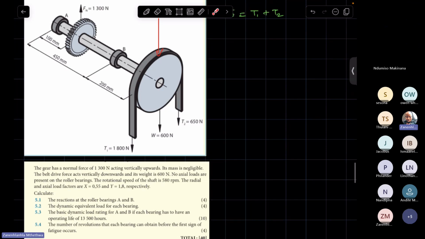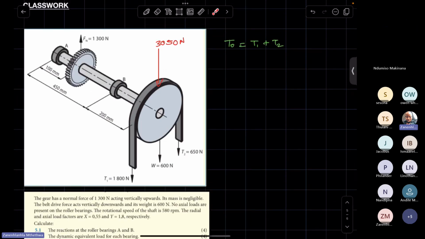Now, essentially here, you just apply conditions of equilibrium. So you take moments in calculating both reactions, and then you test your answers by using the other condition of equilibrium: the sum of forces going up being equal to the sum of forces going down.